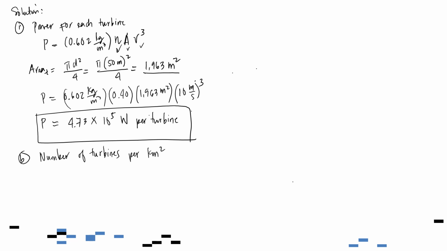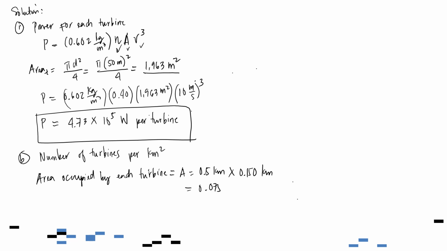As we have calculated before, the area occupied by each turbine is given, so we have A here equal to 0.075 square kilometer. So that is, one turbine needs 0.075 square kilometer of area.